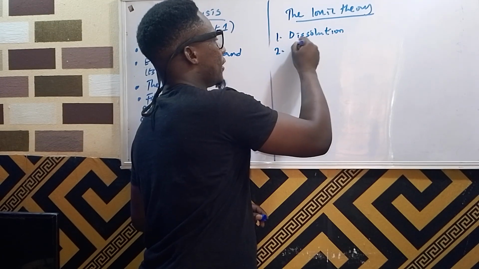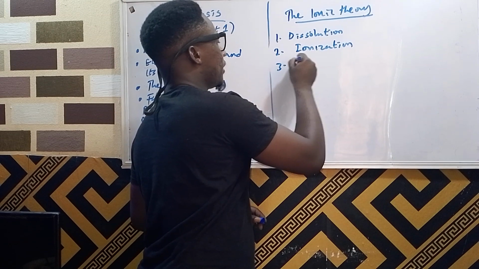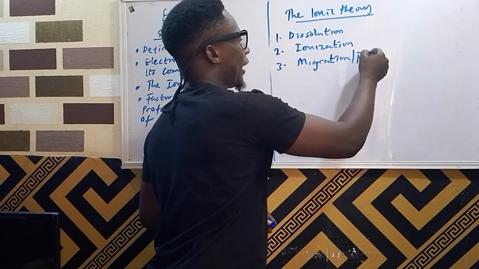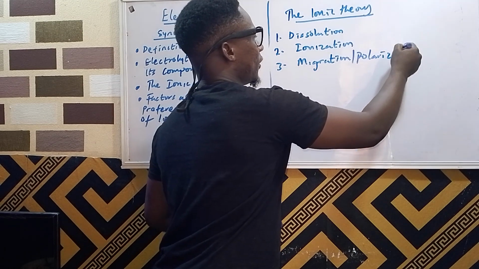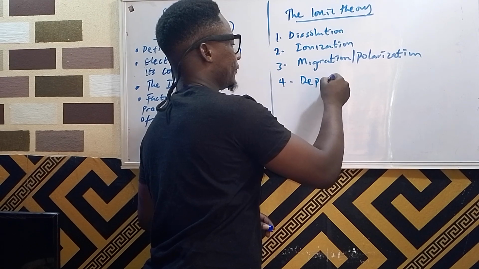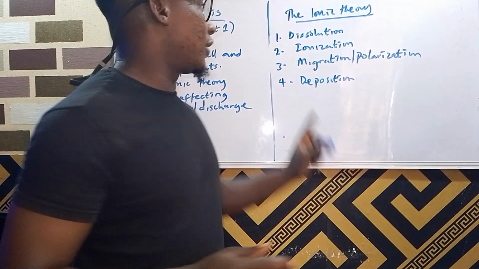Number two is ionization. Number three is migration or polarization, and number four is deposition. The summary of ionic theory is based on this.